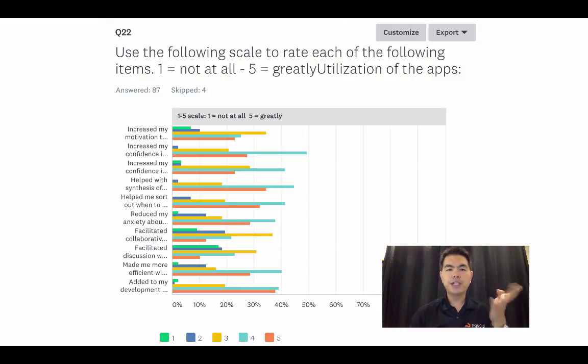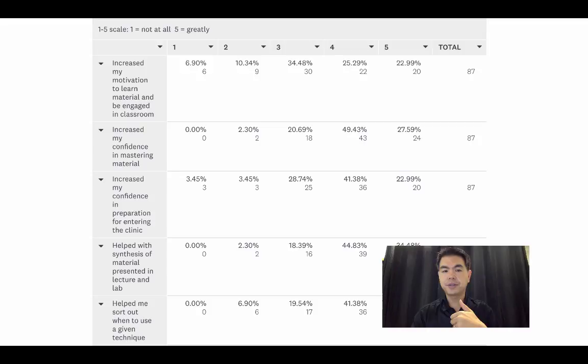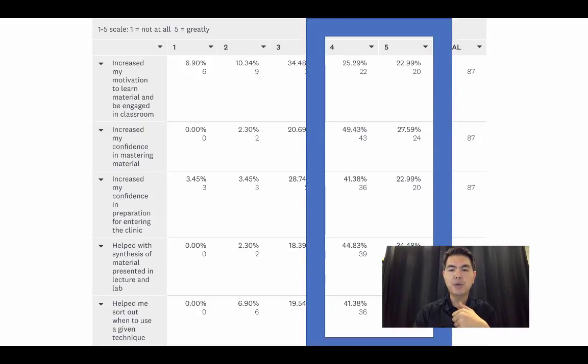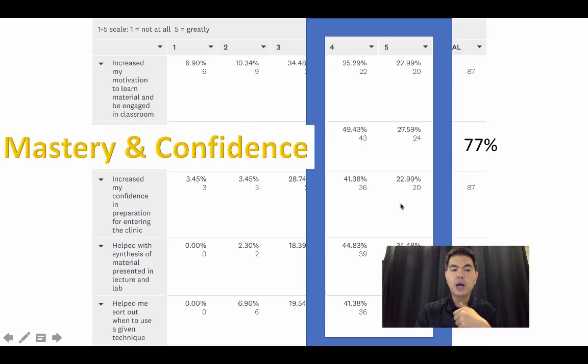So we asked the students, please rate, based on the utilization of the apps, what were the effects on the student? I broke it out this way to give you a summary of the people who rated this as very helpful, greatly affecting them. Here, it helped me to develop mastery and confidence of the content because I could revisit it.